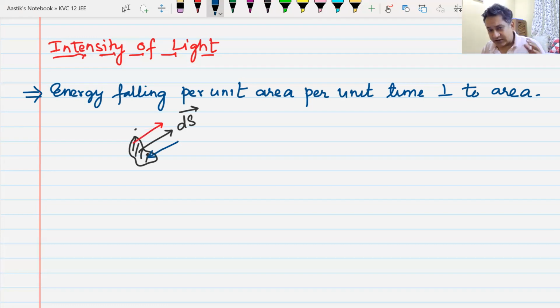If it is in the other direction, it is probably getting emitted or transmitted. Do we understand this? So energy falling per unit area per unit time perpendicular to the area is known as your intensity.